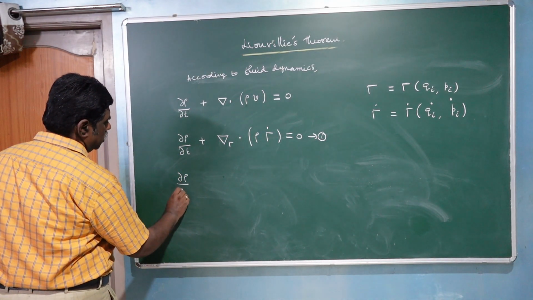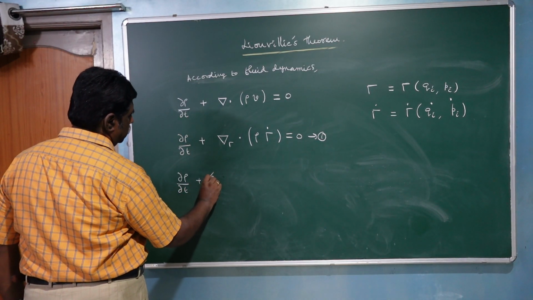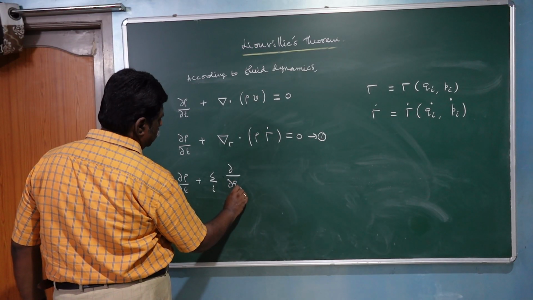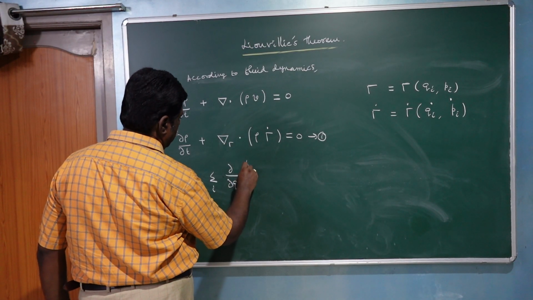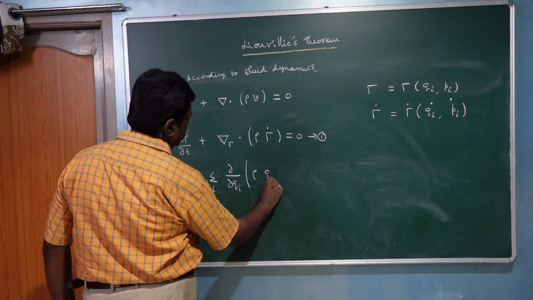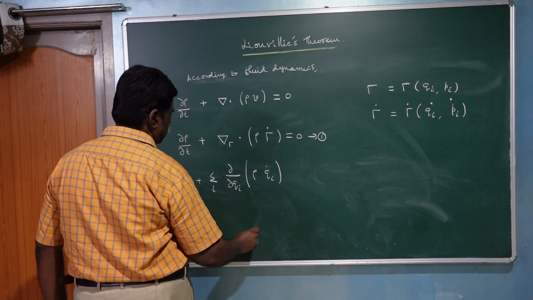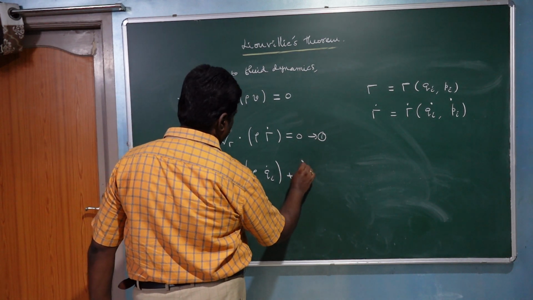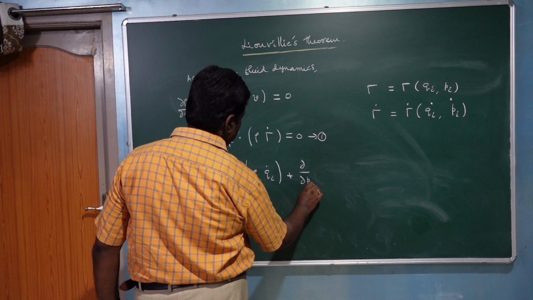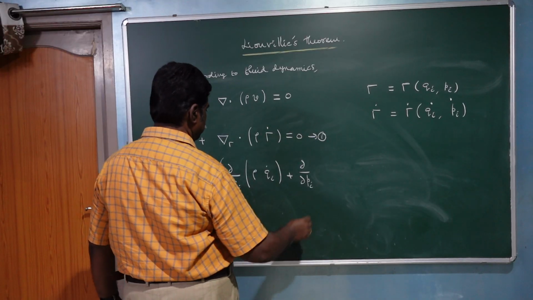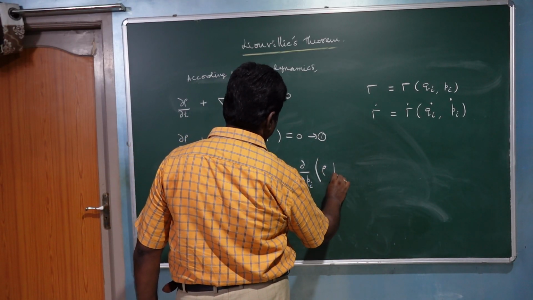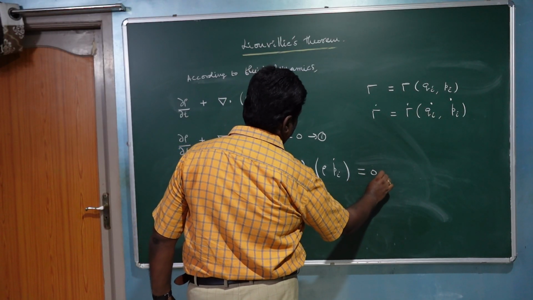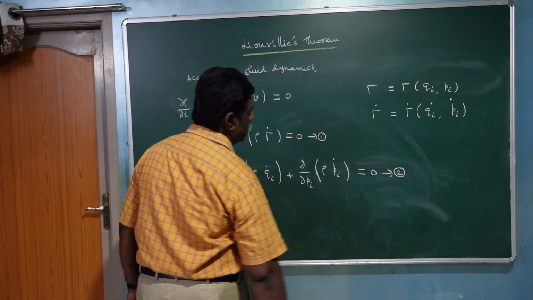Now we have to expand equation 1 for our required form. Dou rho by dou t plus summation over i of dou by dou qi of rho into qi dot plus dou by dou pi of rho into pi dot equal to 0. This is the required continuity equation.